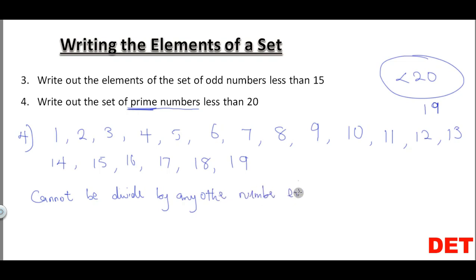So in other words, there are only 2 factors that can divide a prime number, 1 and itself.